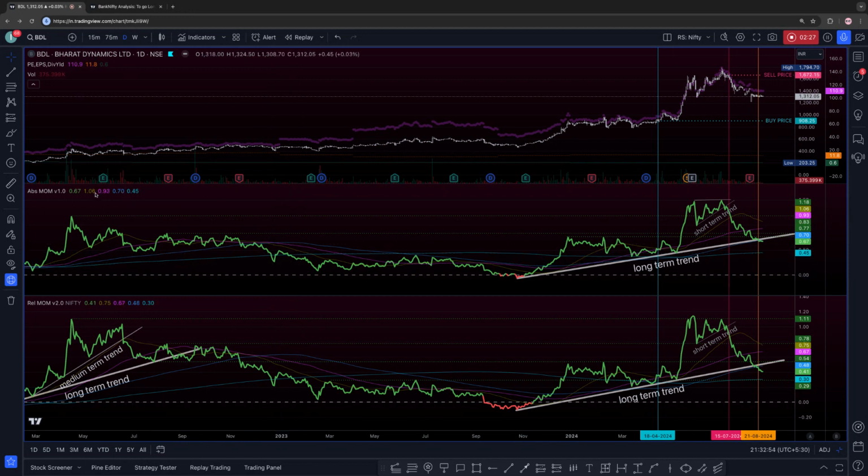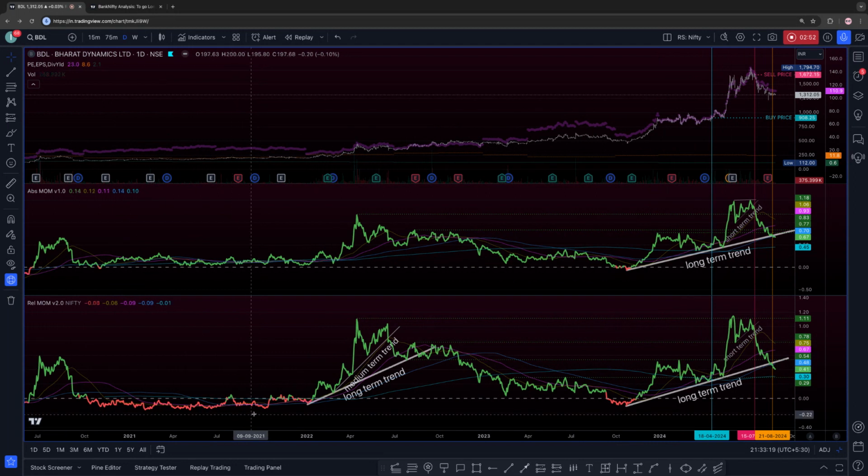So let us go towards relative momentum, which is the bottom part of this template. So relative momentum is a little more complex. It shows the momentum of the stock, but relative to a configurable base index. In this example, I have used the base index as Nifty. Again, the key things to note are, it's either green or red.